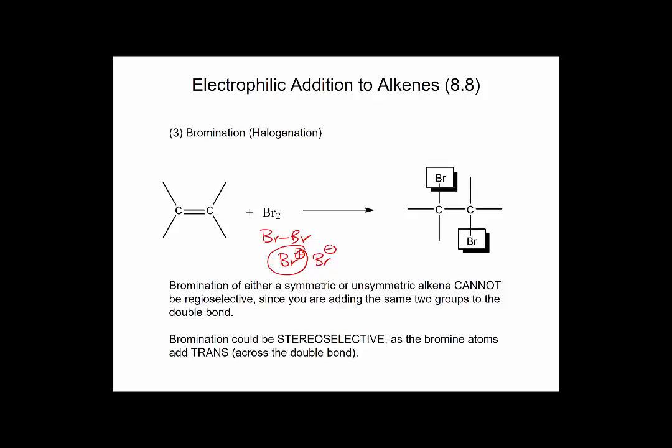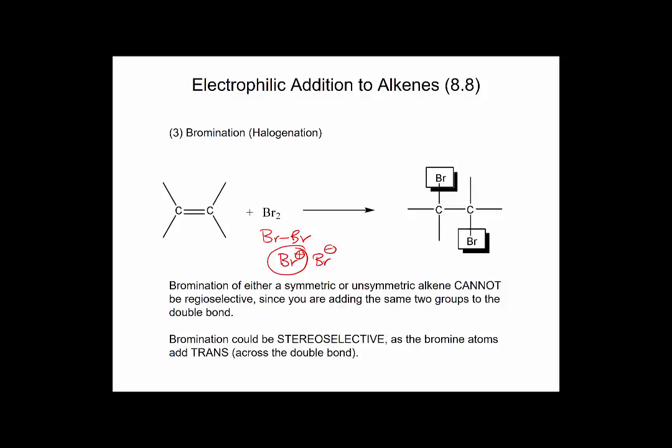Now, I'm going to change that and then we'll go Markovnikov. But right now, 2 Brs, symmetrical reagent, can't be regioselective. Br2 addition, cis trans, 100% trans. Okay, these are the things that you have to know for each reaction.